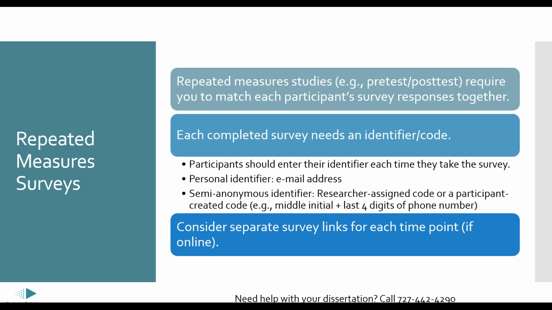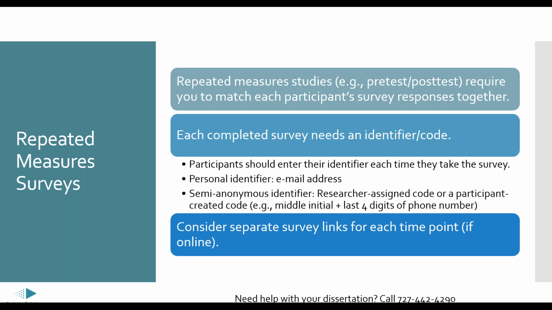However, the downside to using a personal identifier is that you're able to identify who the participant is based on that identifier. So if you're trying to keep your survey anonymous, then you can't really use a personal identifier like an email address, because that allows you to personally identify those participants' responses.